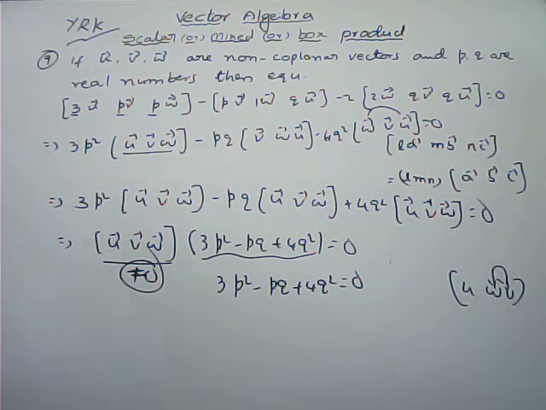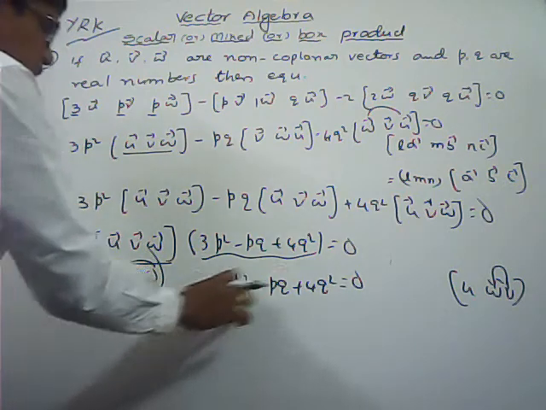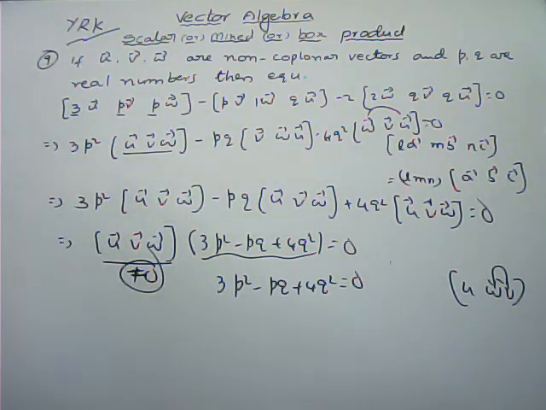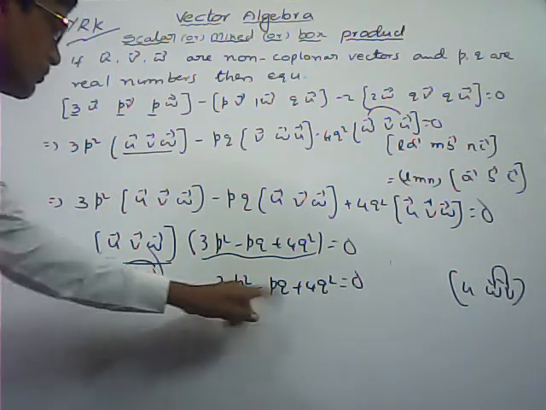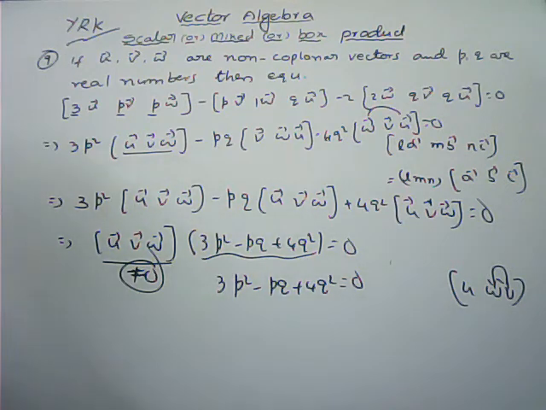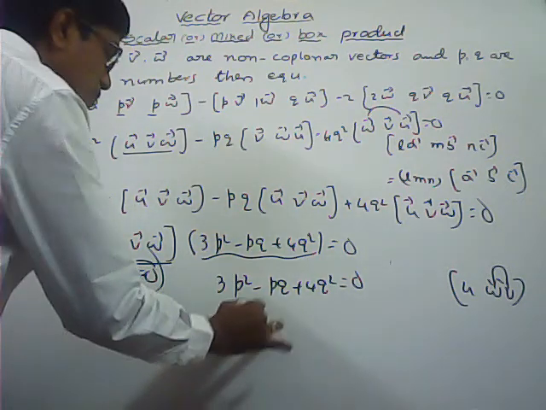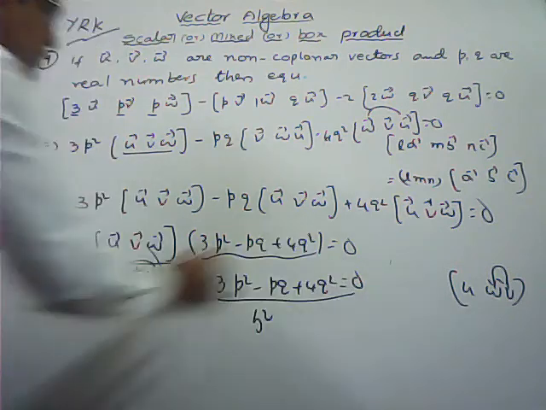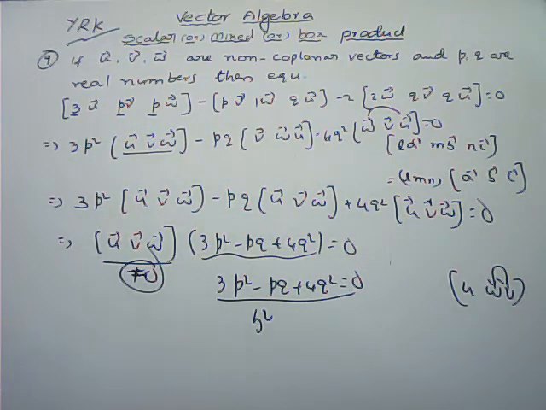Now, how to find? 4 3s are 12. If you want, you can take the factorization. Is it possible, that one? Not possible, I think. Now here, what about the b square minus 4ac? You can consider this is the quadratic equation either in p or q.